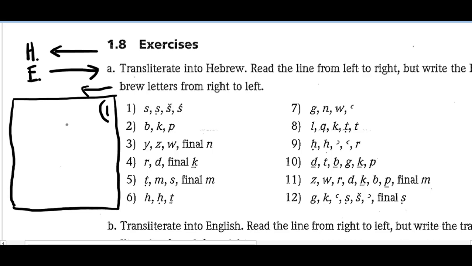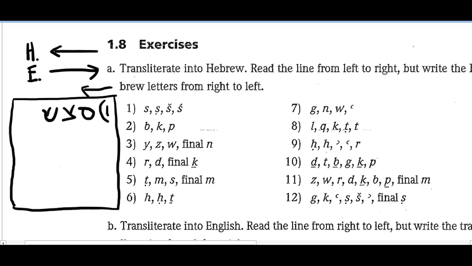The first English transliteration is the S with no diacritical marks. You need to give the Hebrew first from right to left. That would be samekh, right? The next one is the S with the dot under it. That is, yes, that's tsadi. The next one is the S with this diacritical mark.